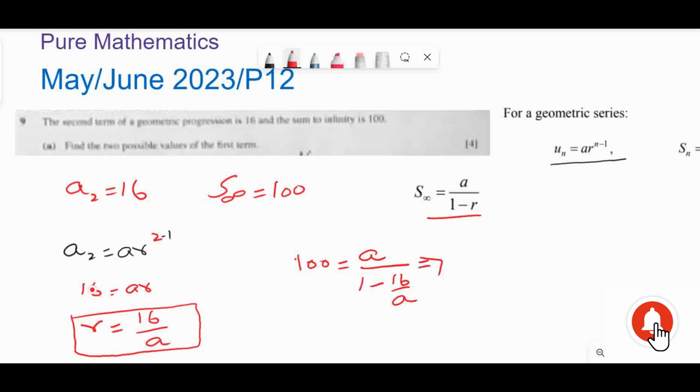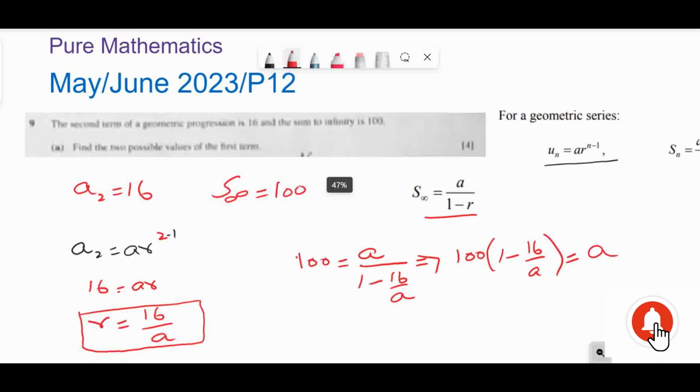So this will be 100 into 1 minus 16 by A is equal to A.